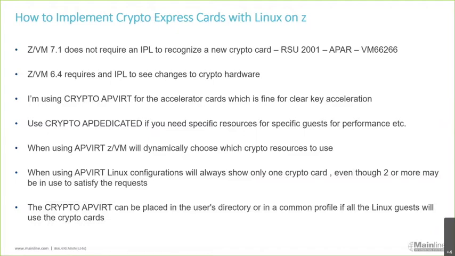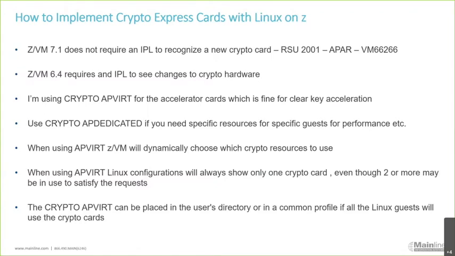My system currently is 7.1, and 7.1 allows me to do dynamic cryptographic hardware changes, which means that if I had added that card and configured it, z/VM would have picked that up, and I wouldn't have had to re-IPL z/VM. In 6.4, you still have to do an IPL if you make hardware changes for the crypto resources.